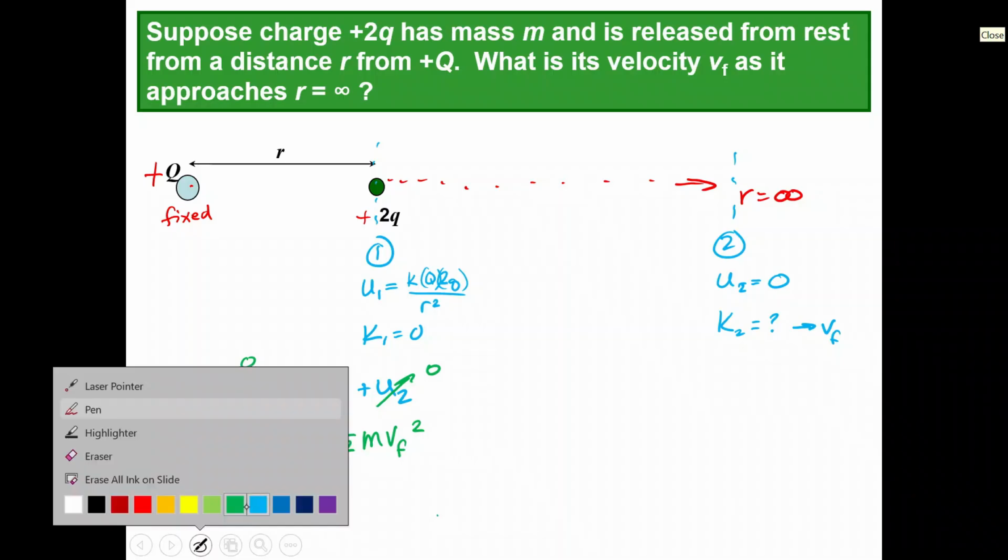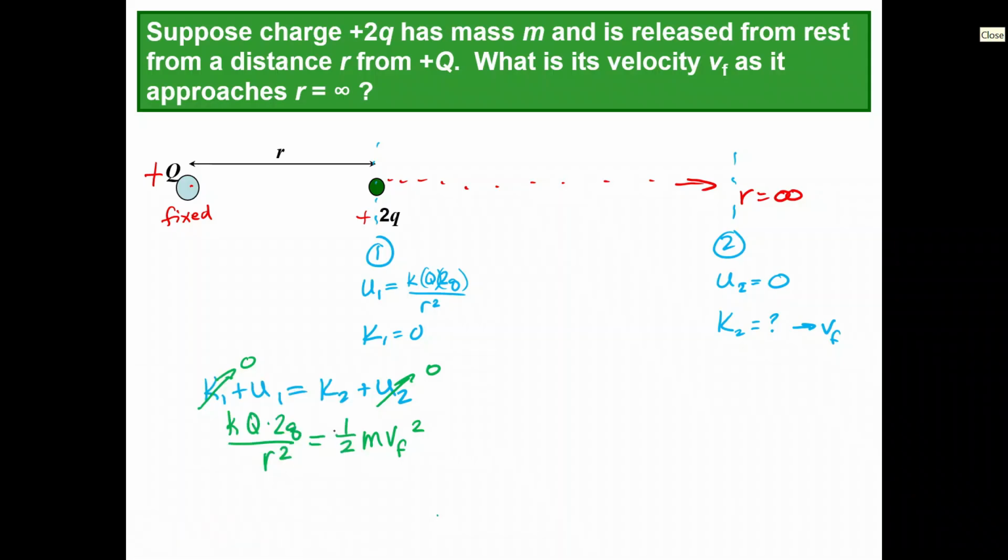I can multiply by 2 over m on both sides. The 2's cancel, the m's cancel. So I can simplify this to 4kQq over m r squared equals vf squared, and then take the square root of both sides.